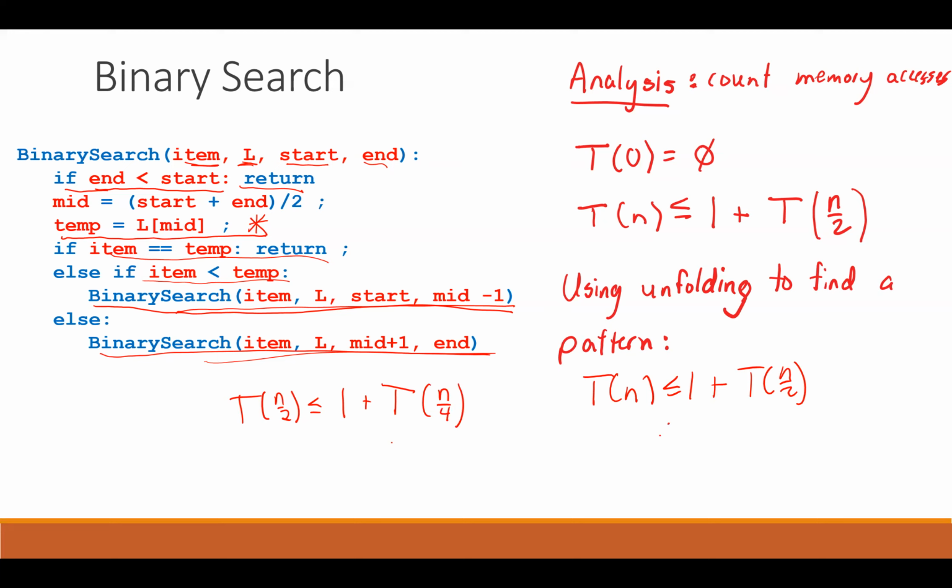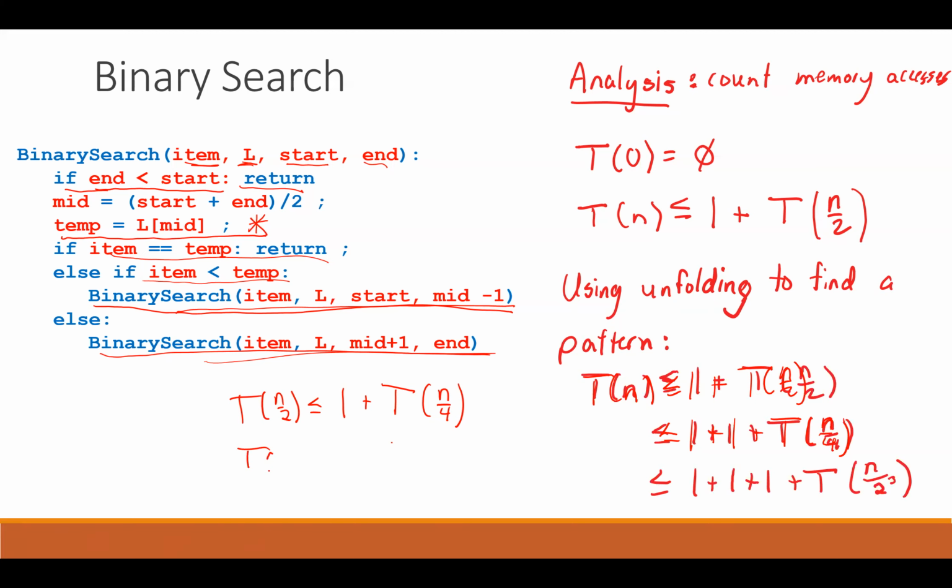So I'm going to substitute that in here, 1 plus 1 plus T of n over 4. T of n over 4 is less than or equal to 1 plus T of n over 8. Oh, whoops. Yeah, look how close that is.